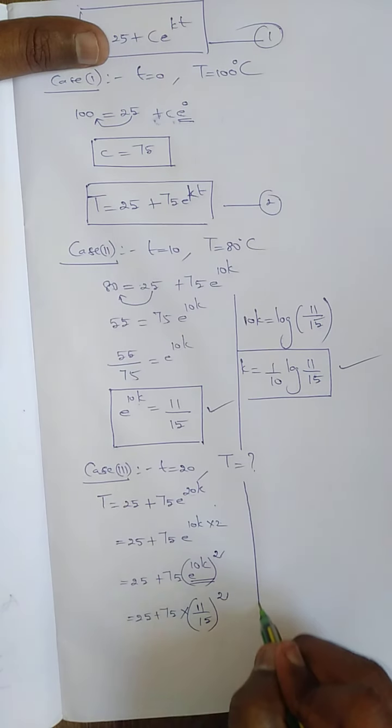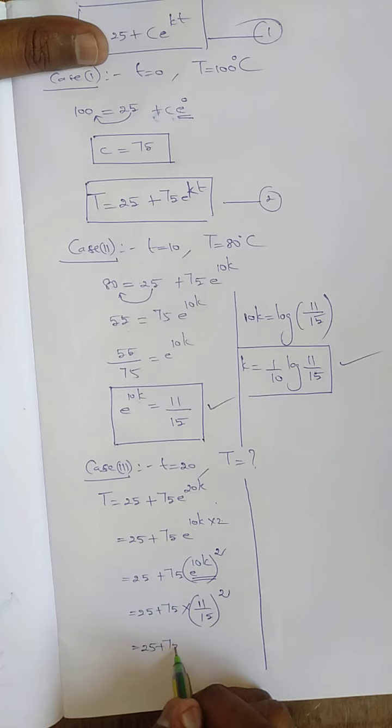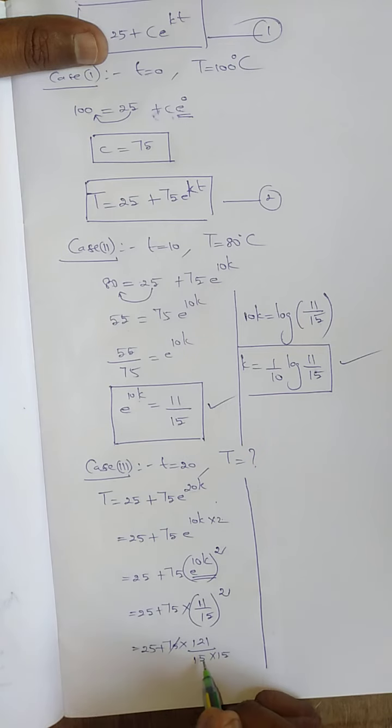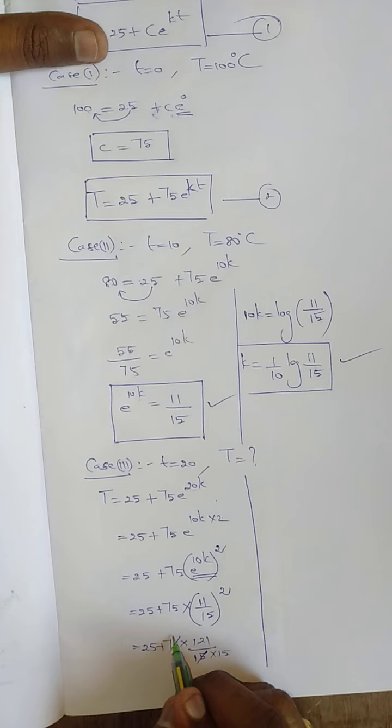Next, 25 plus 75 into 11 the whole square, which is 121, over 15 into 15, because I can cancel 75 and 15 in the 15 table. How many times? This is 5 times.